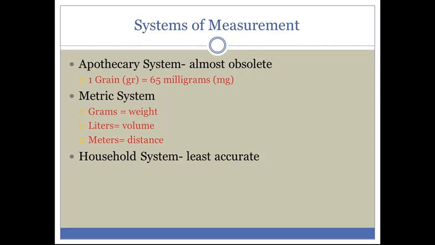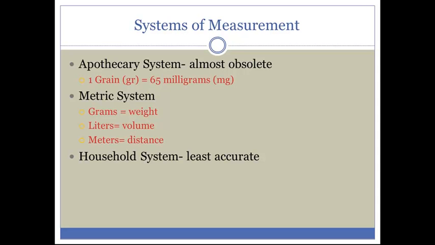Systems of measurement. So the apothecary system is almost obsolete. The conversion that you will want to remember will be 1 grain equals 65 milligrams for your calculations. The metric system consists of 3 different units. So grams equal weight, liters is for volume, and meters is for distance.